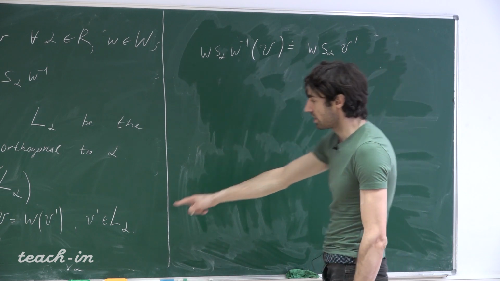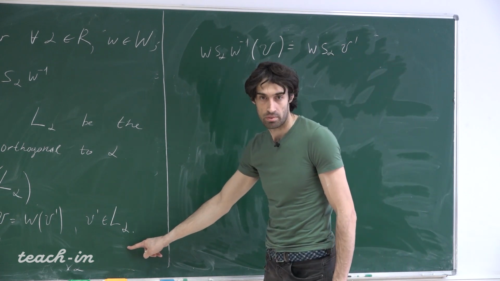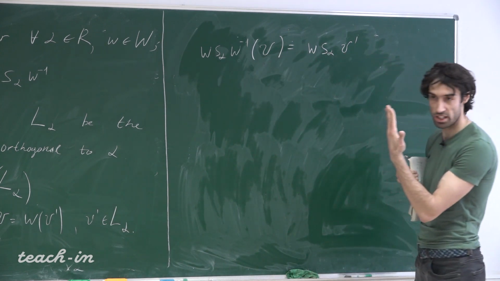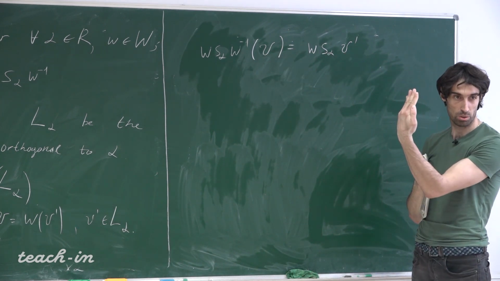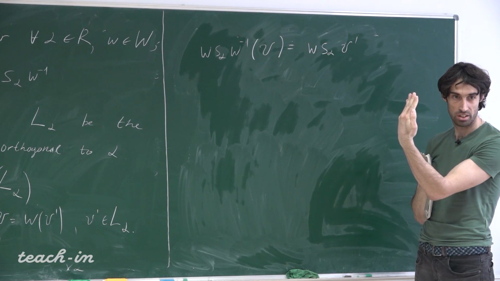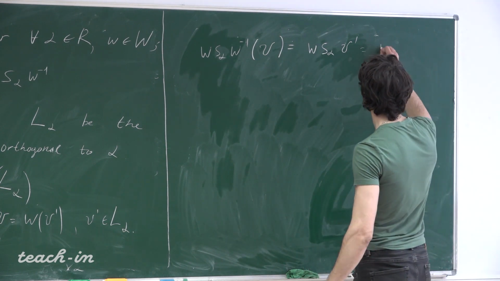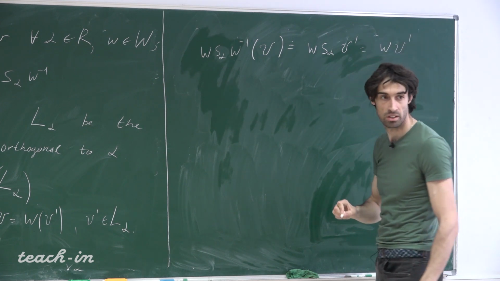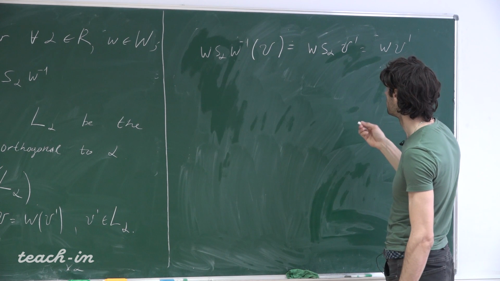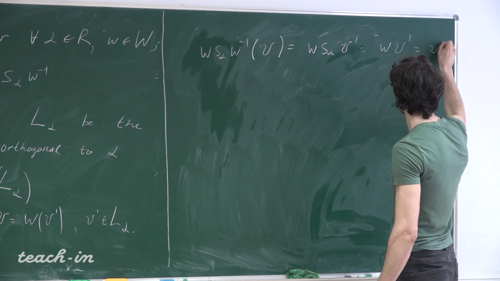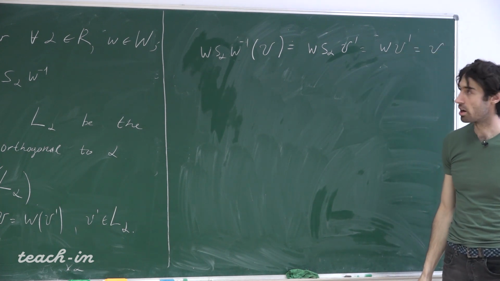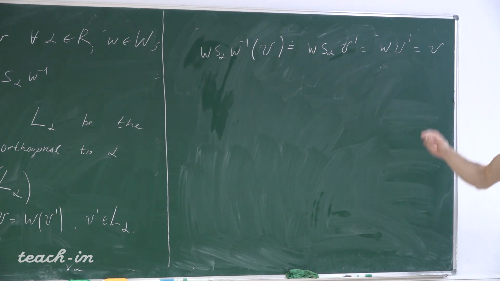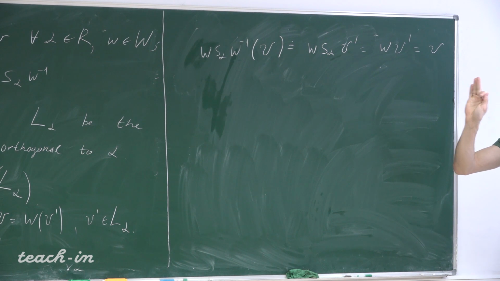V prime is from L alpha, right? And reflection with respect to alpha doesn't change the plane which is orthogonal to alpha, right? So therefore this is W V prime, which is V. So I checked that this element does not move any vector which is in L alpha.